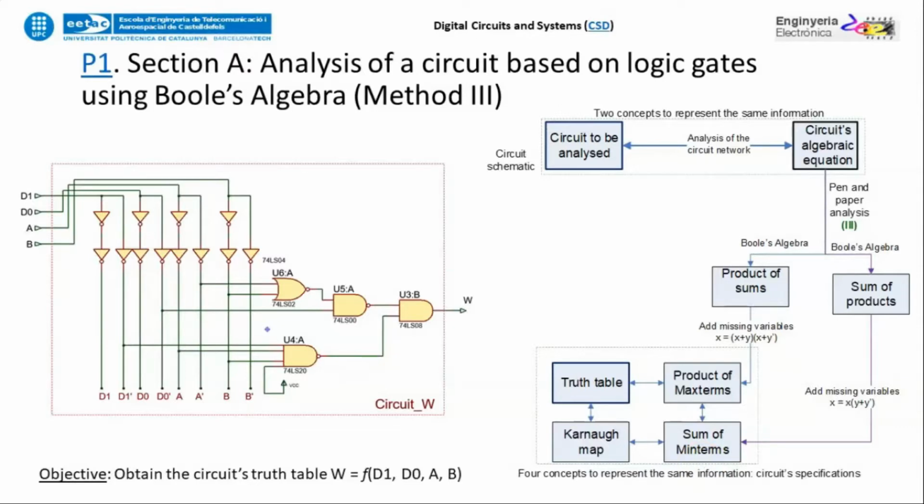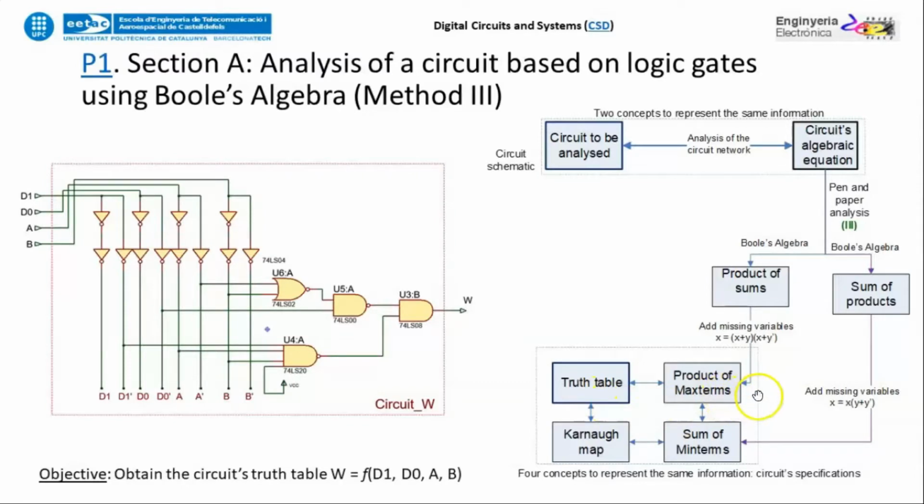So once you've got the sum of minterms, you have at the same time the product of maxterms and the truth table. So the truth table, or the Carnot map, which is the same thing as the truth table. The truth table is just a table, right? Okay? A way to express the specifications of the circuit. And if instead of a table you like to use an equation, you have both of them.